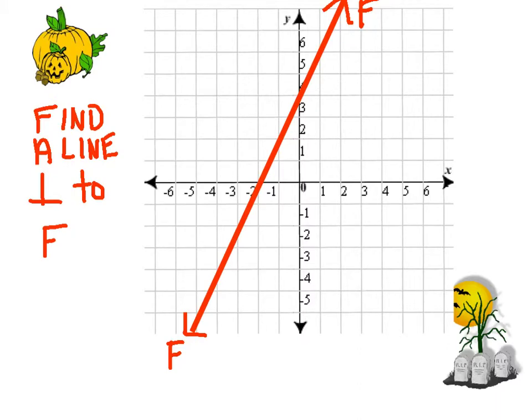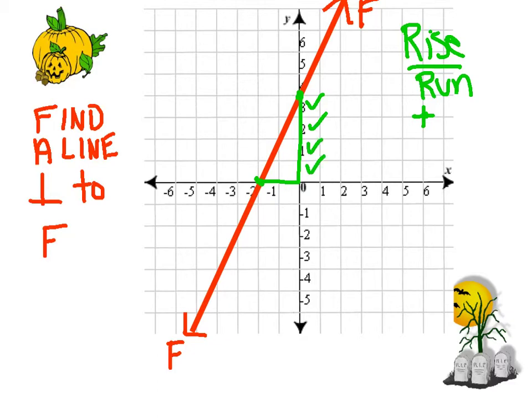Practice problem number 4. Find a line perpendicular to the given line. Okay, answer for the practice problem. We need to find our 2 points. We're going to do one right here and one right here. Make our triangle. We want our rise over our run. Our rise will be 1, 2, 3, 4.